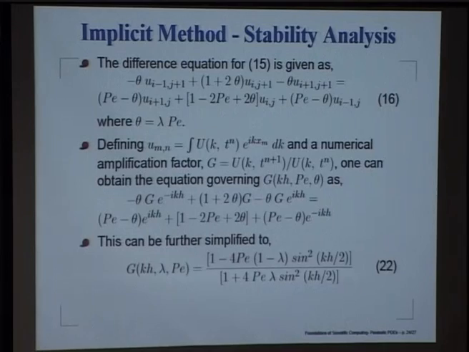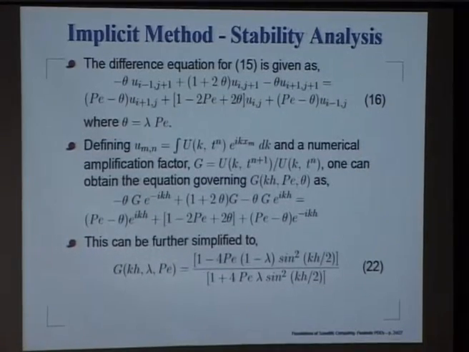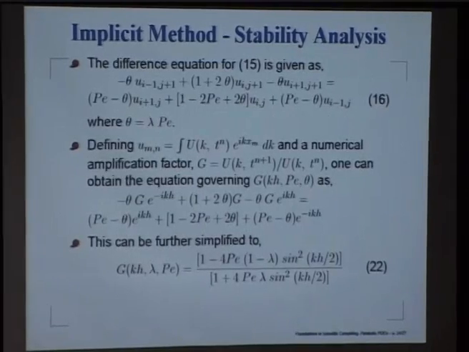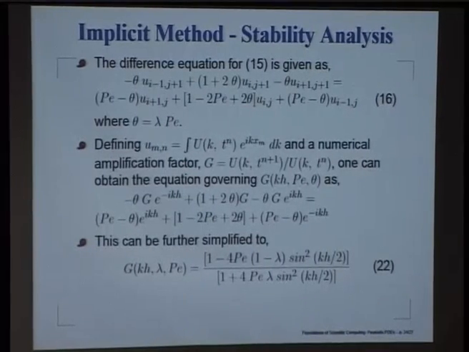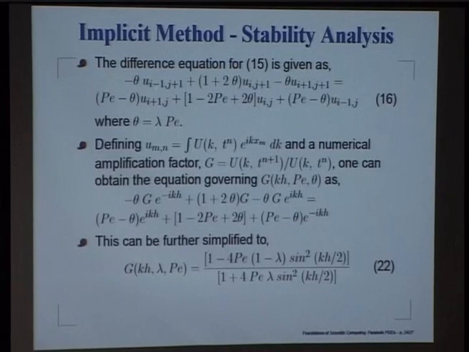So, if I divide both the sides by u_j^n, then this one will give me a G, and because it is also shifted to the left by one grid point, that is why I will have this e to the power minus I k h, right.